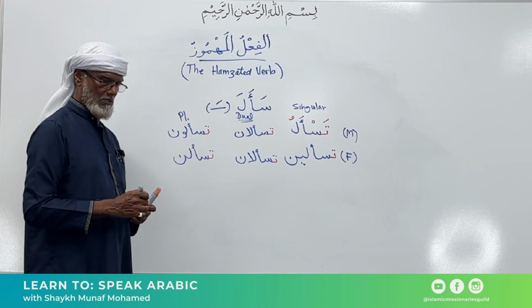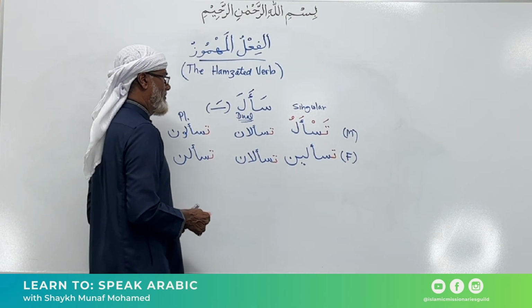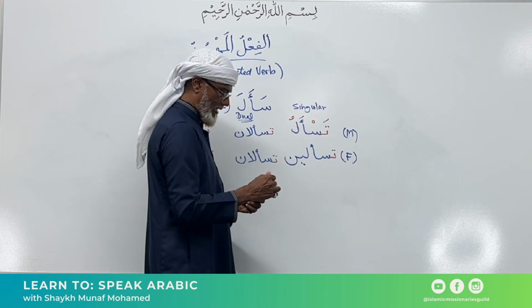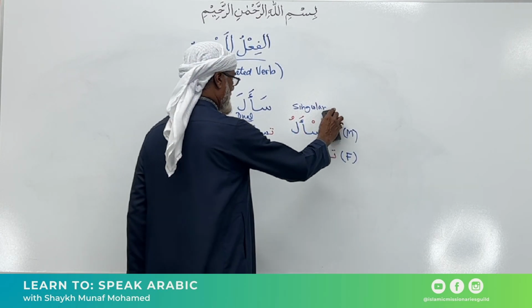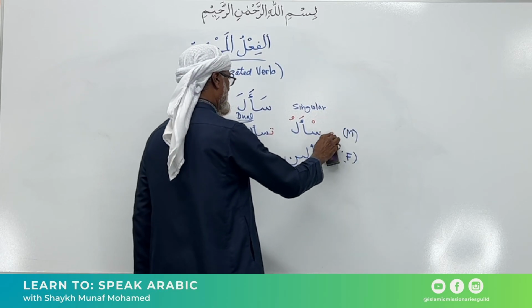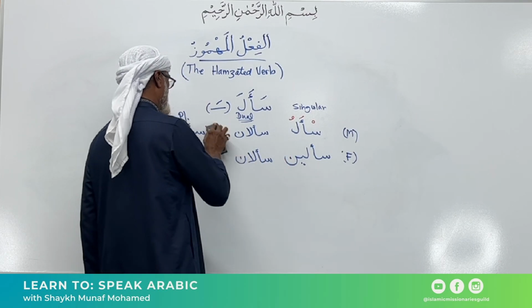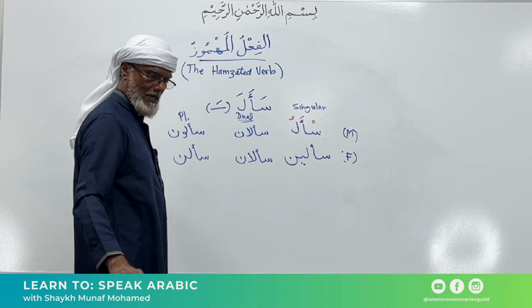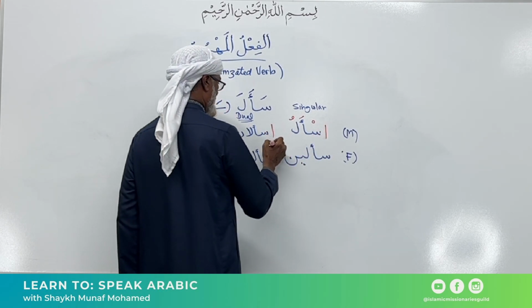Right? So we replace the ta with the alif. Replace the ta. So we are following the steps, step by step. Remove the ta. And we replace it with alif. Okay?